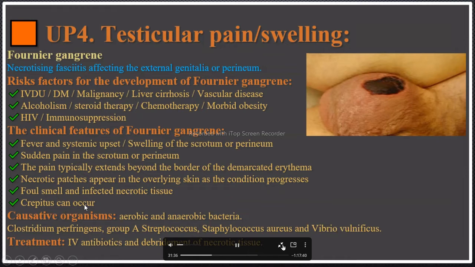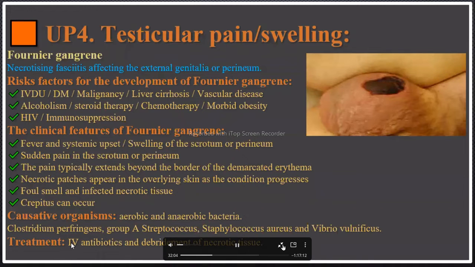Crepitus can occur. Guys, can you hear me clearly? Yes. Causative organisms are aerobic and anaerobic bacteria. If they ask you a direct question regarding the causative organism: Clostridium perfringens, group A Streptococcus, Staph aureus, Vibrio vulnificus. So remember that.